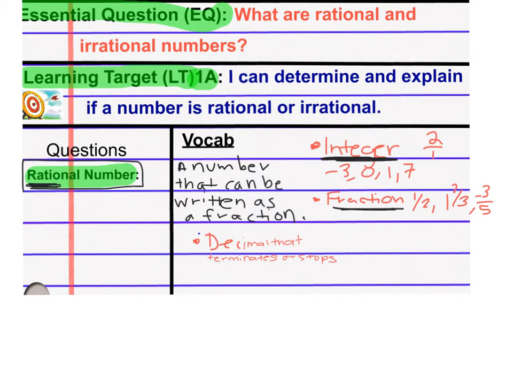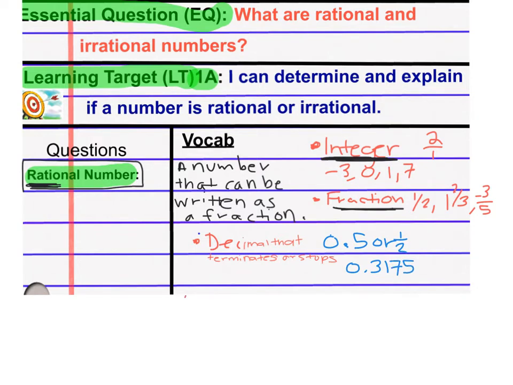What we mean by that, I'll give a few examples. Maybe something like 0.5. That is a decimal that stops, right? It doesn't go on forever. And that can be written as a fraction. 0.5 is the same thing as 1/2. So any decimal that terminates or stops, even if it looks a little long, can be turned into a fraction. And it is rational.